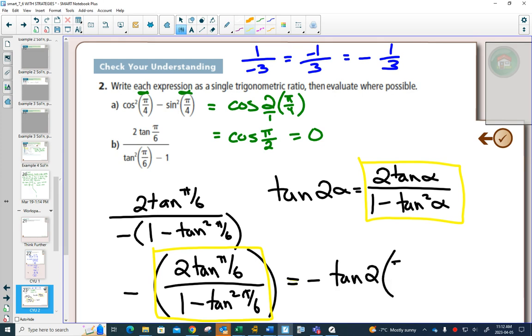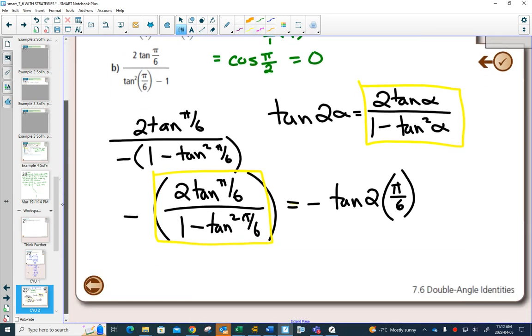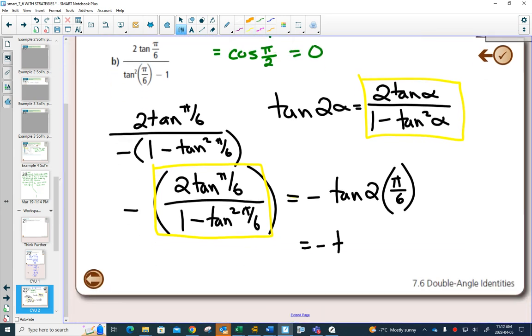Tan of 2 times pi over 6. This would be 2 over 1. That simplifies to negative tan of pi over 3, which is on your unit circle, and you get negative root 3. Put this back and you're allowed to use this on your next exam.